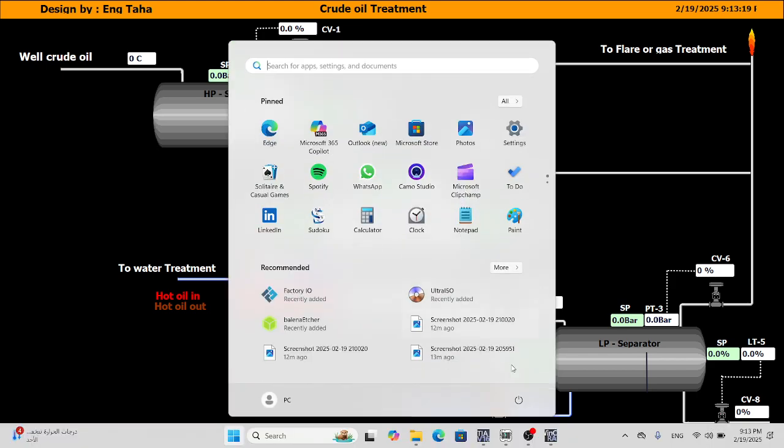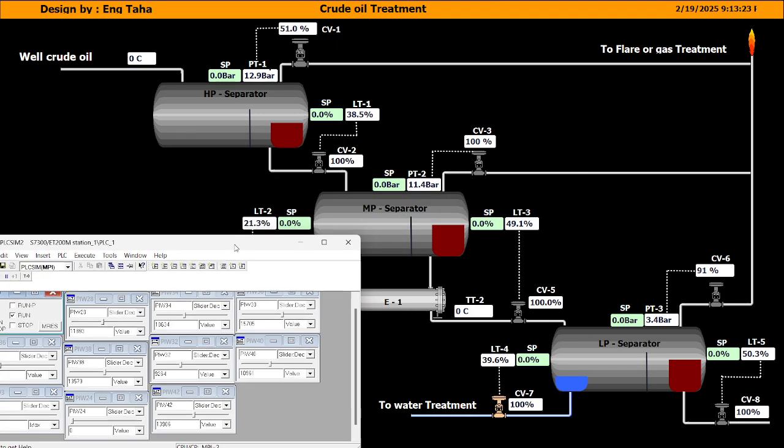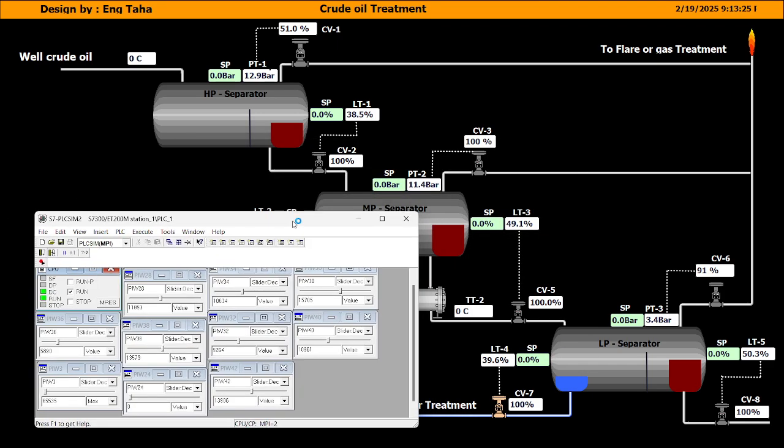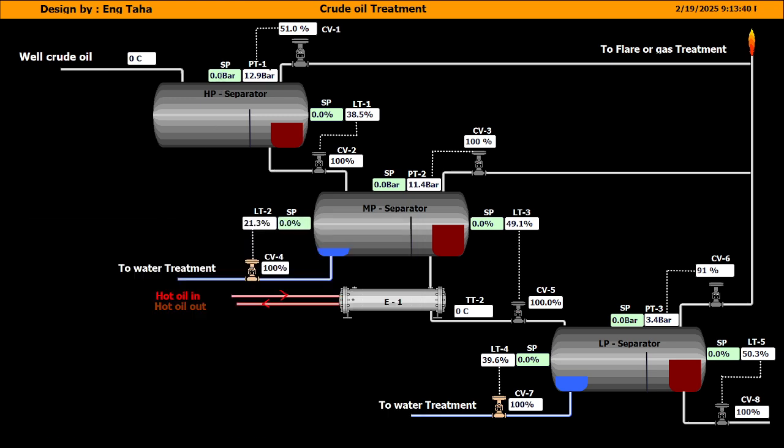This is the SCADA system overview, and this is the simulation board. We will use it to simulate a transmitter sending a signal from the site to the control room. This is the set point for this separator.